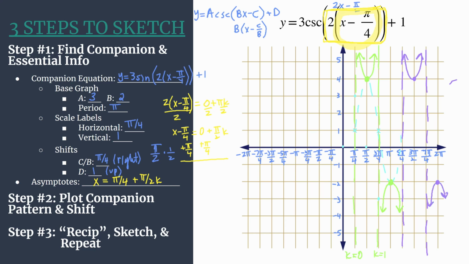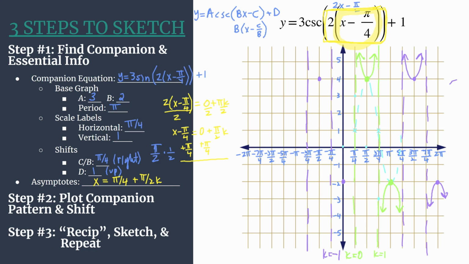All right, and let's work backward. So we're just repeating this pattern over and over again. We have that local maximum, vertical asymptote. We talked about that one as well earlier. That's when k is -1. All right, so then of course we have a local minimum, vertical asymptote.